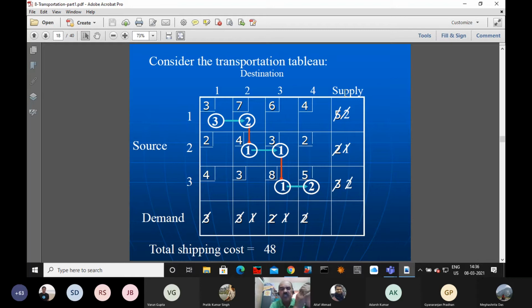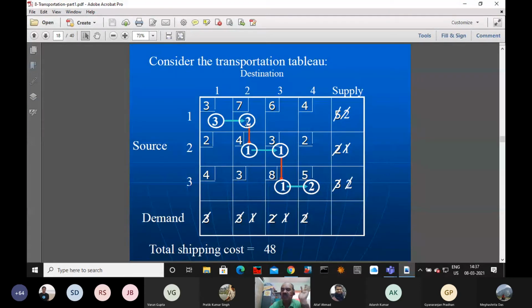Now, we are talking about the northwest corner cell. Cell number 1,2 is presently the northwest corner cell. 1,1 already you have allocated and the first column has gone.